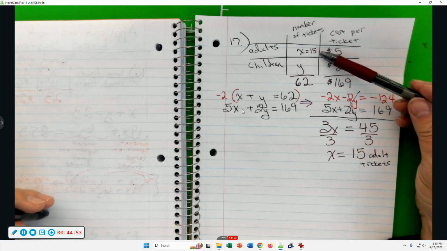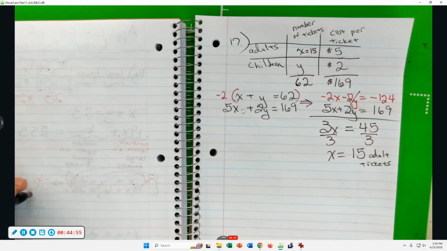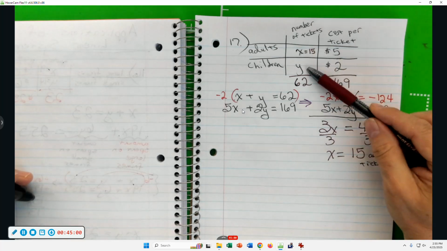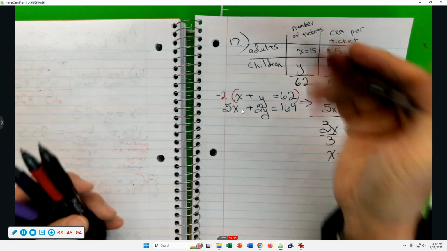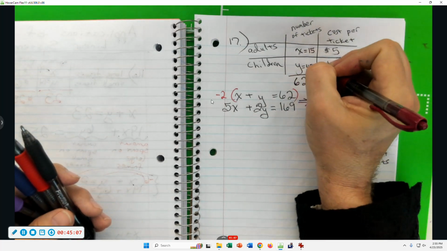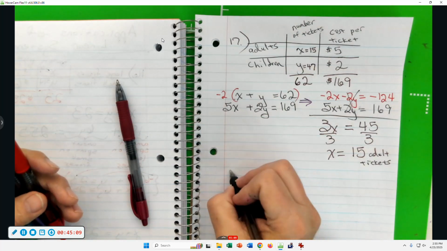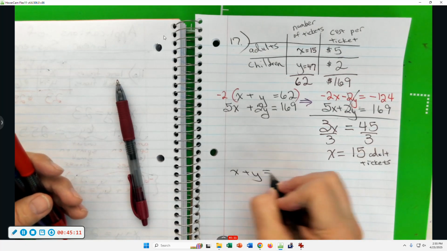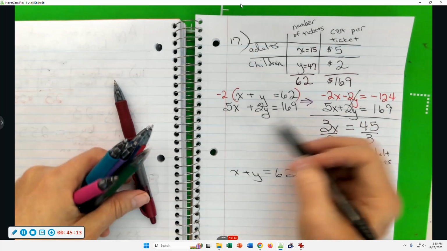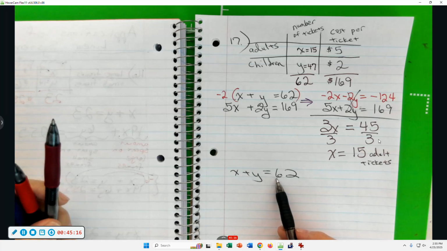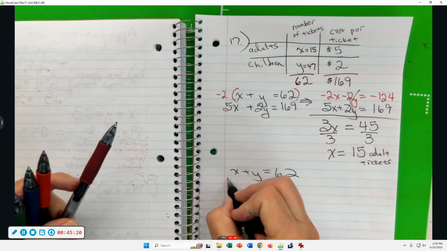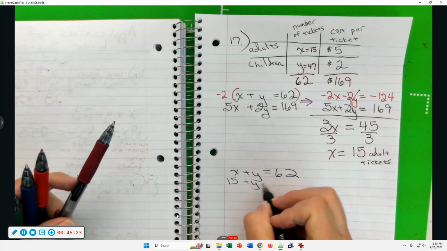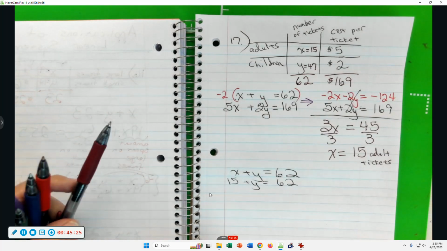Well, if there were 15 adult tickets, that means all the rest of them are children tickets. 15 plus what will give us 62? Or you can do what we were doing the last time. Substitute. You could substitute into either equation, but use the one that has the smallest numbers. X is 15, so 15 plus y equals 62.